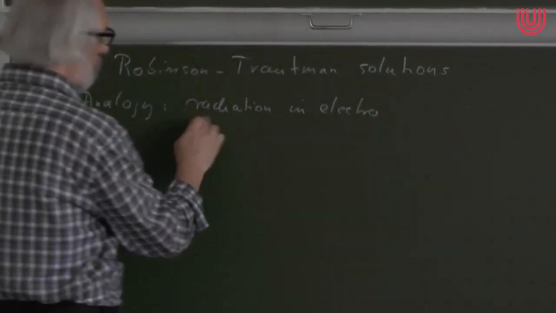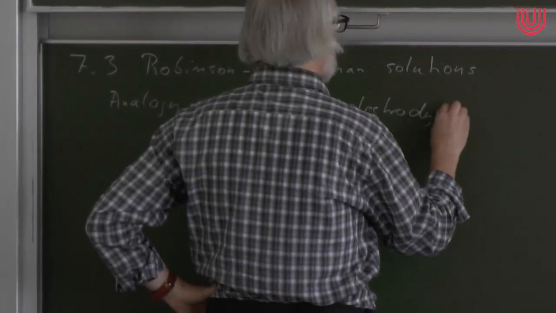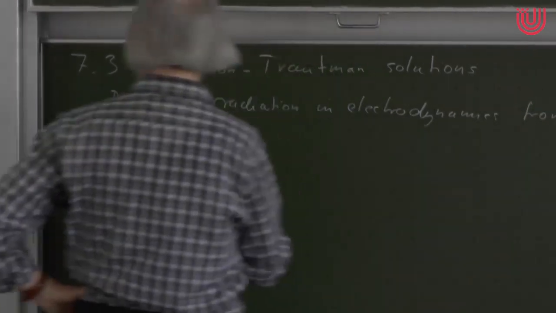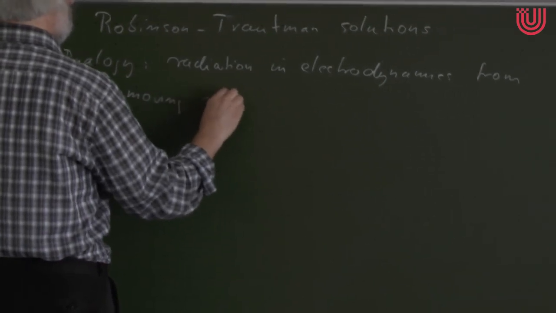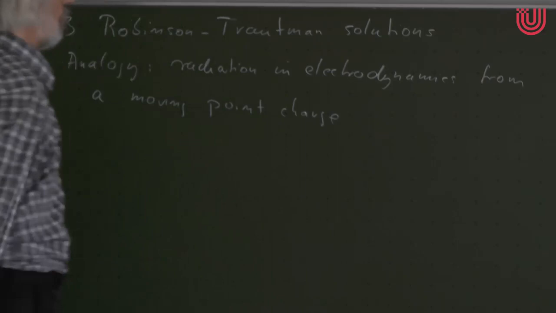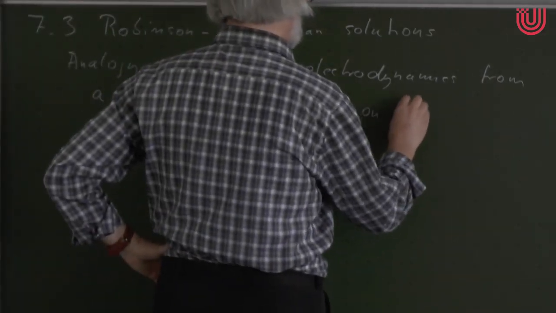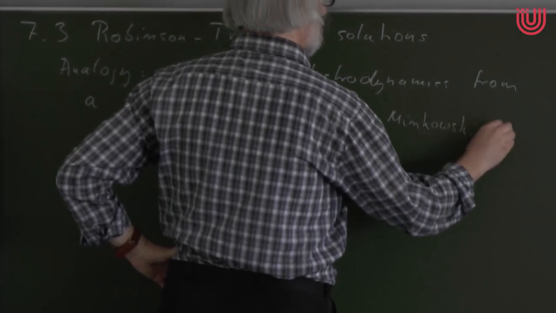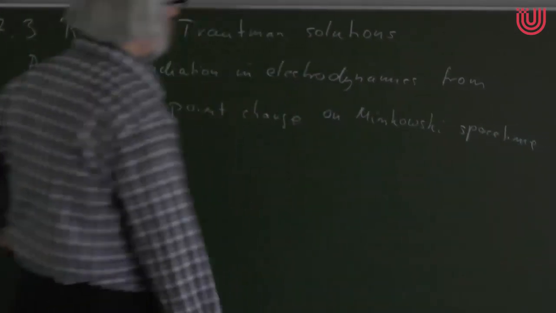So this is not gravitational radiation, it's electrodynamic radiation from a moving point charge. And well, you usually do this on Minkowski spacetime. There are generalizations to curved spacetimes, but the standard form is that you do it on Minkowski spacetime.